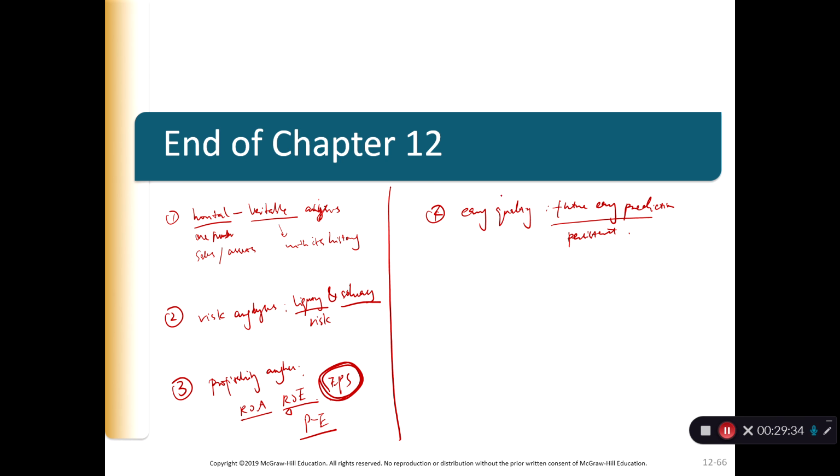So earnings quality reflects the true picture of the company's performance. To measure it, we also consider two kinds of strategies: an aggressive strategy and a conservative strategy, right?